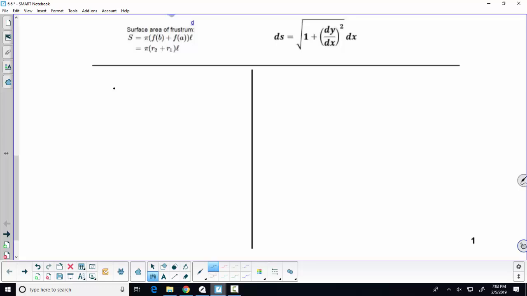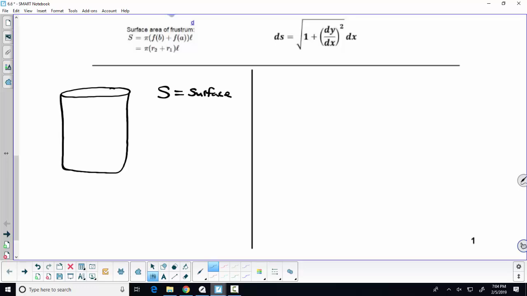Let's start off with maybe a more intuitive approach, especially since we've just looked at arc length. Let's start off with just this cylinder. Capital S, surface area. So how will we find the surface area of that cylinder?